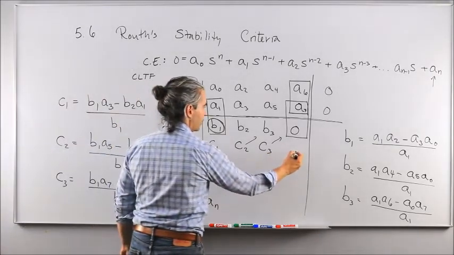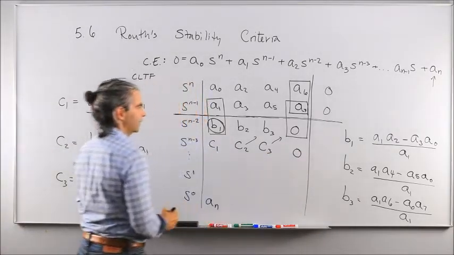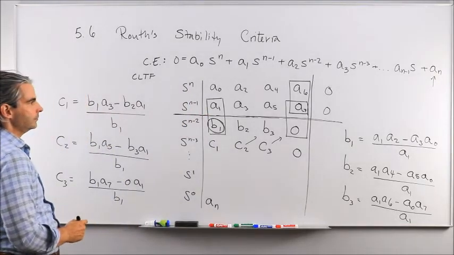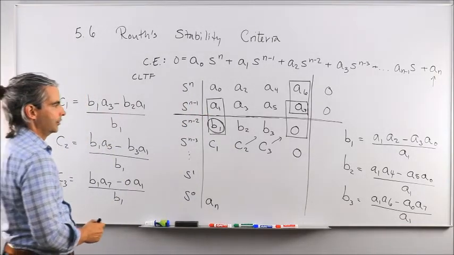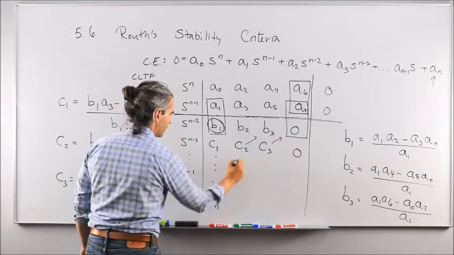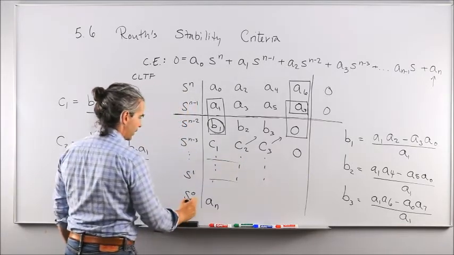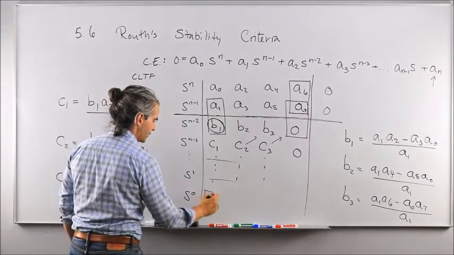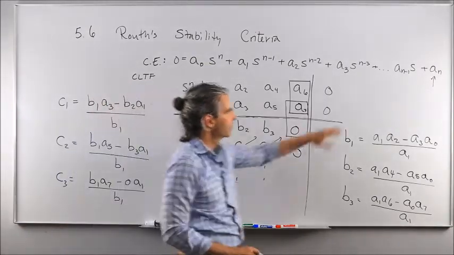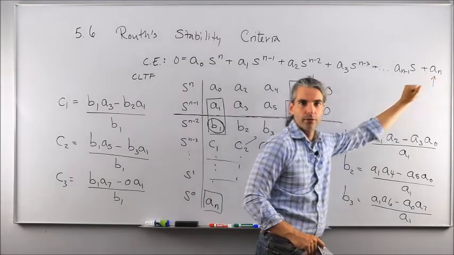And for this one, we don't have any elements. That's all we've got. Okay? And you keep doing calculations like that. Keep filling the rows until you hit the last row. And the entry for the last row is always the last coefficient in that polynomial. Okay?